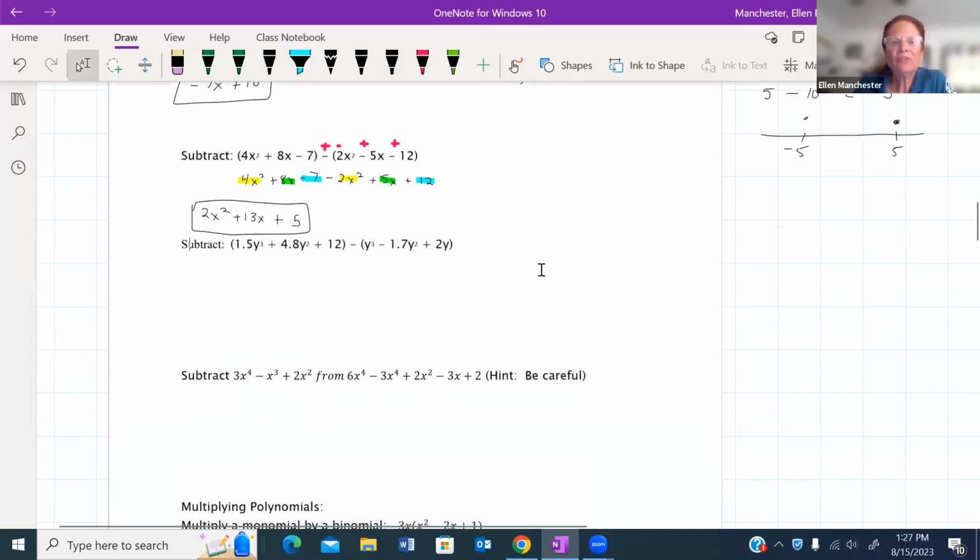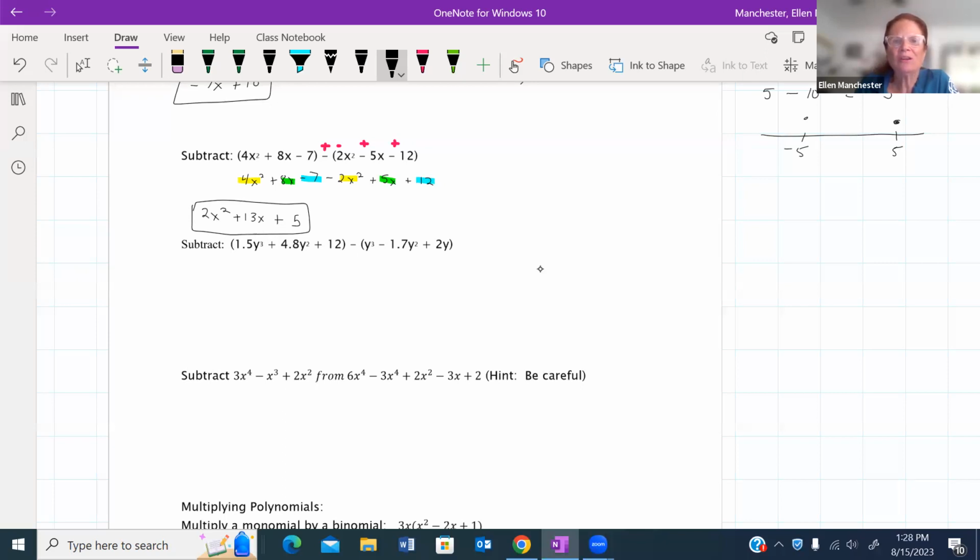Now it's the same technique when you are using decimals. The coefficient in front just tells you how many you have. You have 1.5 y cubes, you have 4.8 y squareds, you have 1 y cubed, you have a -1.7 y squared, and you have 2 y's. So that's all the coefficients in front will tell you, how many you have.